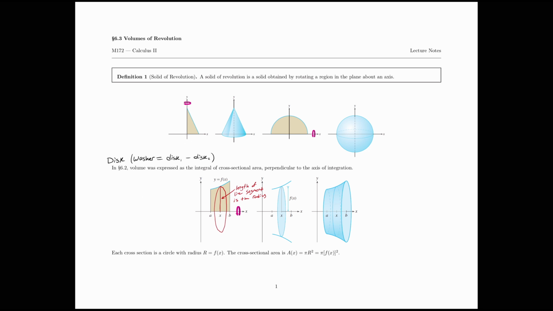So, essentially, what we've already done in section 6.2 when we talked about finding volume, if we know the area of the cross-section, then we can find the volume by integrating that cross-sectional area. So what we just did here was we considered some intermediate slice somewhere between A and B, a representative slice, and we can imagine this rotating out and tracing out a circle.